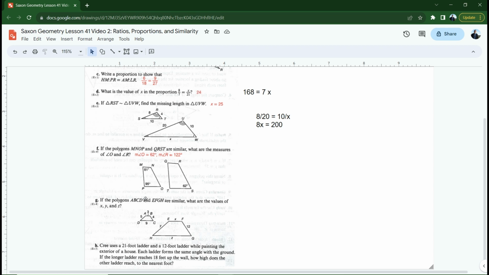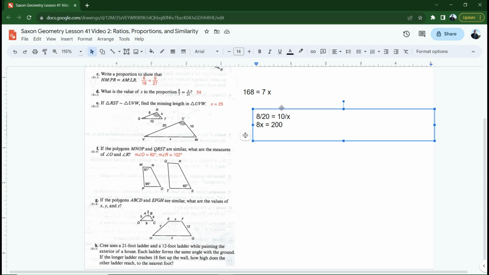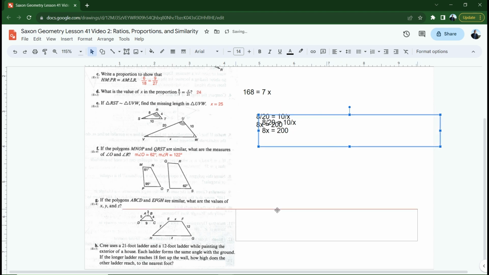If the polygons ABCD and EFGH are similar, what are the values of x, y, and z? Here, again, I'm going to have to find a proportionality between the small polygon and the large one. I notice that I know the corresponding side to BC.